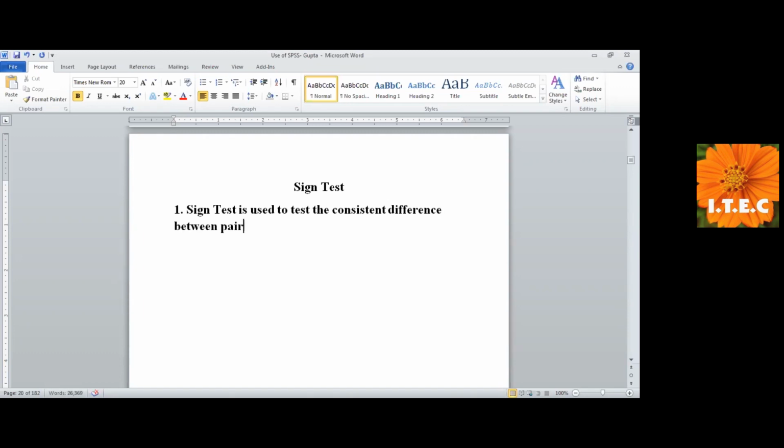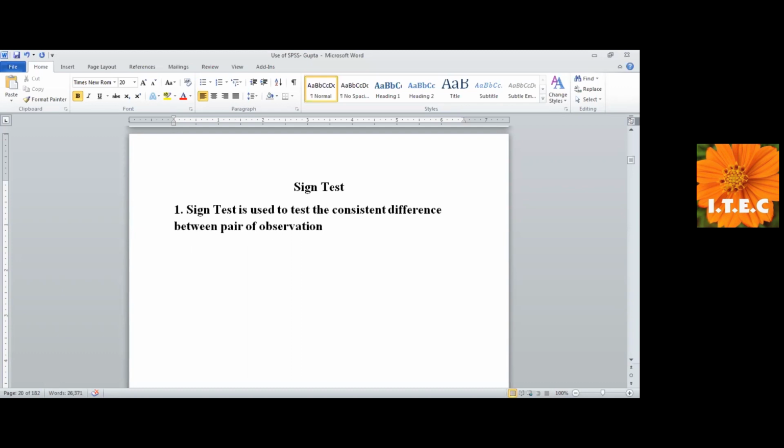between pairs of observations. What does a pair of observations mean? Pre-test and post-test. If it is my pre-test data, then the post-test data will also be mine.